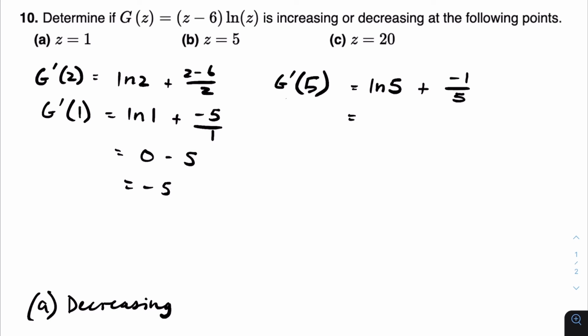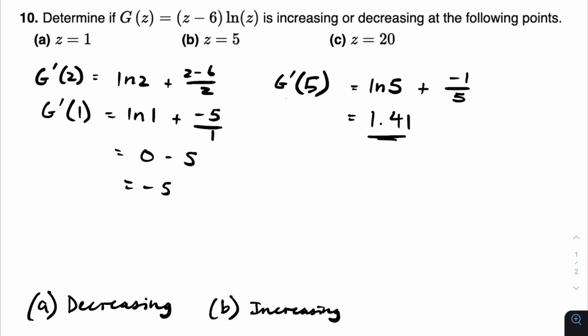If we use our calculator to evaluate this, ln 5 minus 1 over 5, that's equal to approximately 1.41. And since this is a positive value, which would look something like this, not such a steep gradient, it's increasing at that specific point. So our answer to B is increasing.